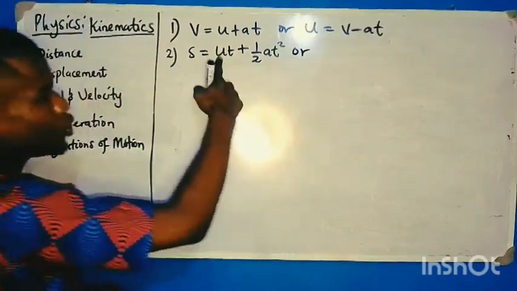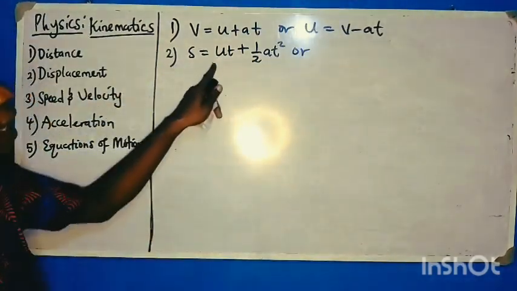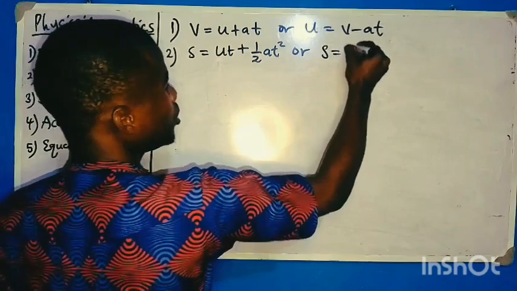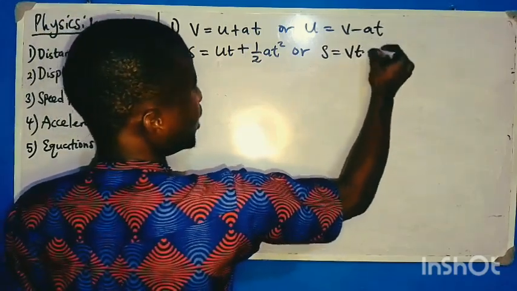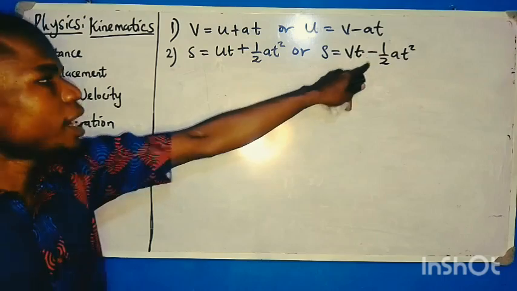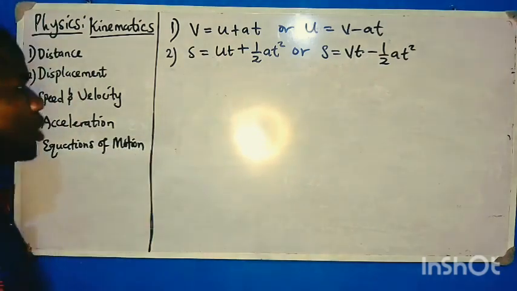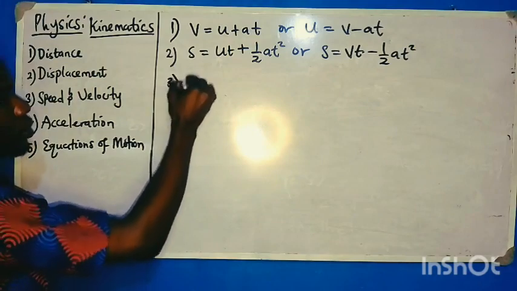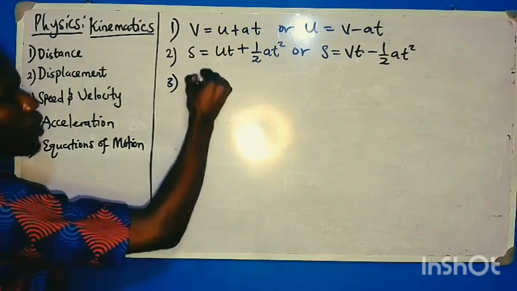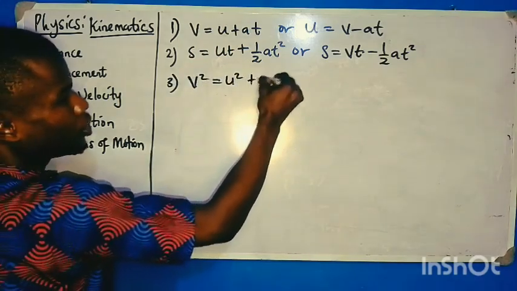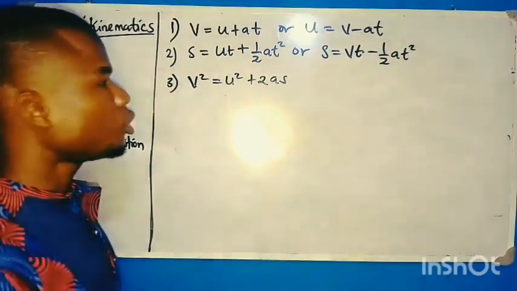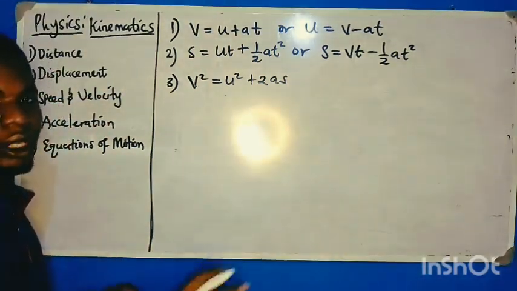Or if we want to use v, the final velocity, instead of the initial velocity, we have s is equal to vt minus half at square. When I'm using v, I'm using minus. When I'm using u, I'm using a plus sign. The last one, number 3, is v square is equal to u square plus 2as. Those are the 3 equations of motion for a body that is moving horizontally.